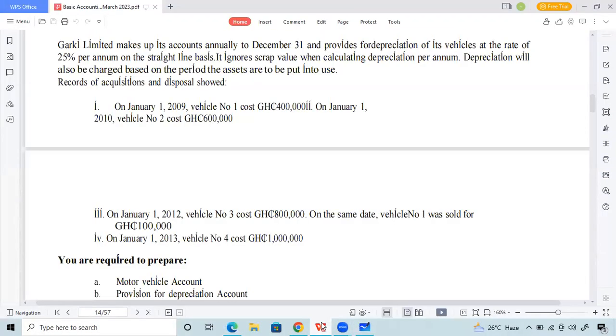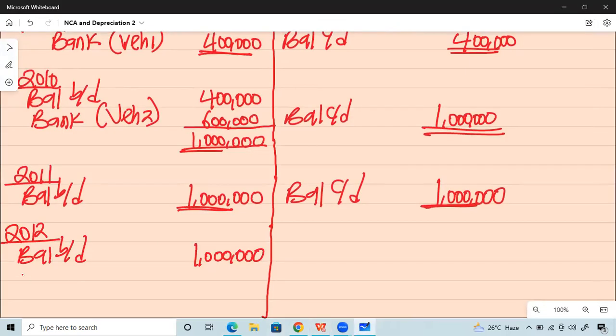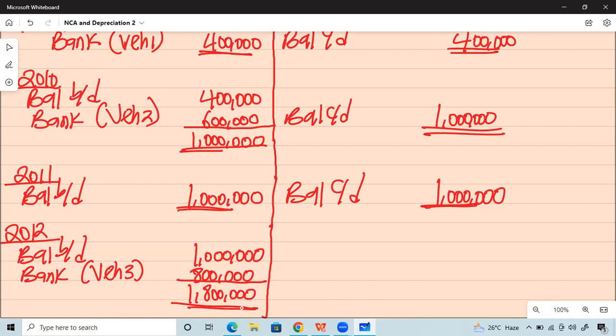On January 1, 2012, vehicle 3 cost 800. So a new vehicle is coming in. Vehicle 3 costs 800. So this is automatically 1.8 million. Close the account.